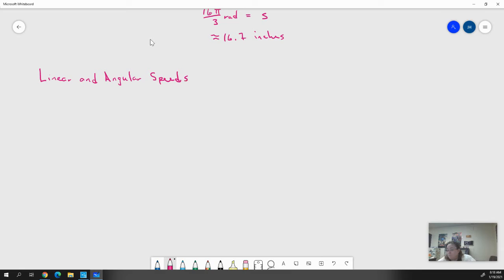Linear speed is a formula that we call V equals S over T. V means linear speed. S, same as before, is our arc length.